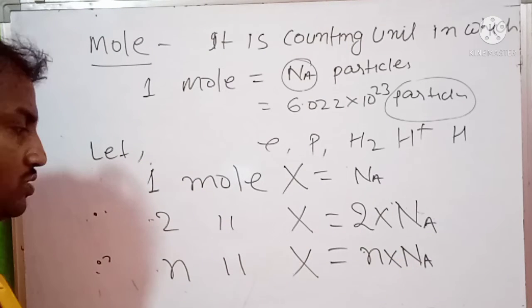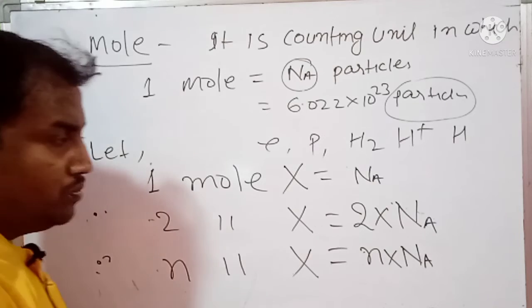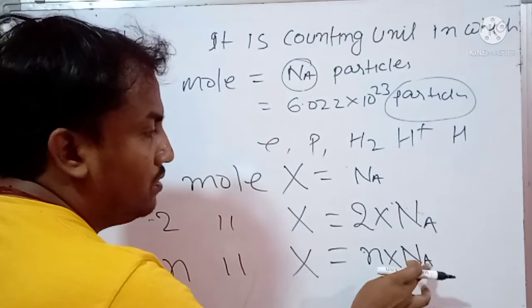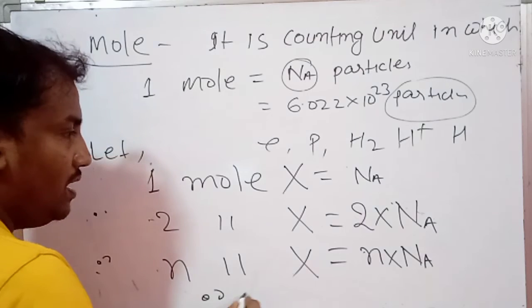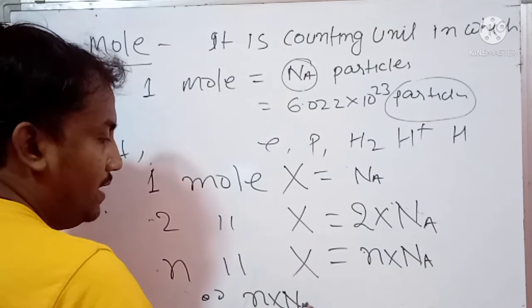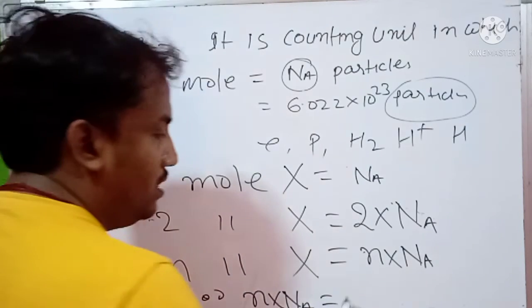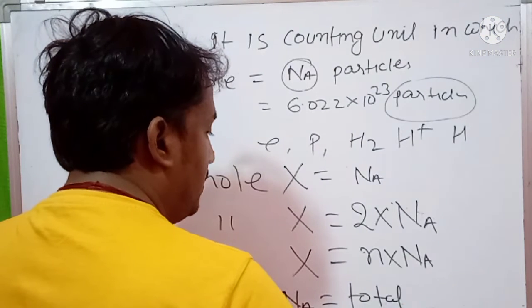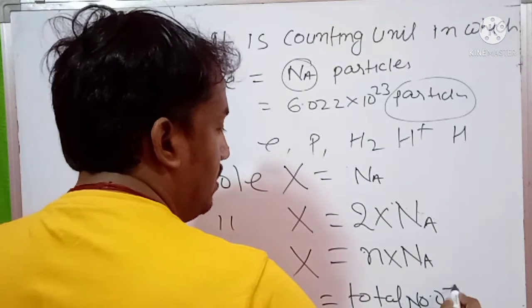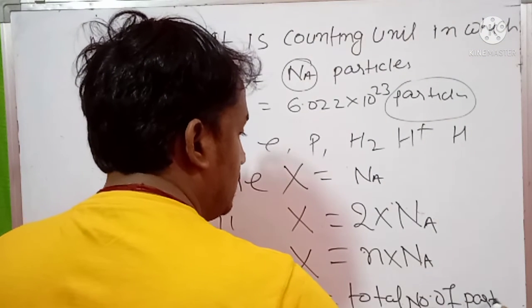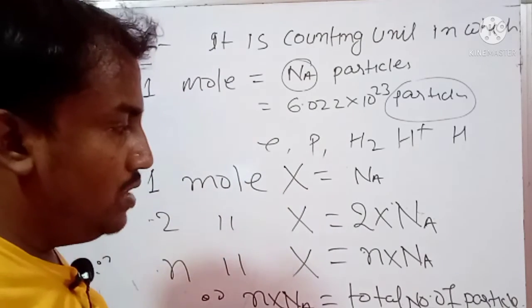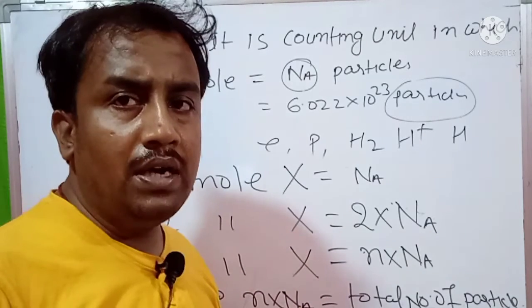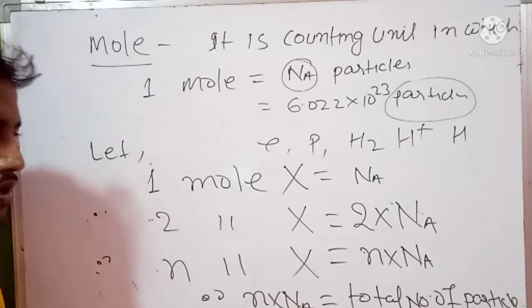If I ask how many particles are in n moles, you will tell me, sir, it is n into Na. So n into Na is the total number of particles in n moles.